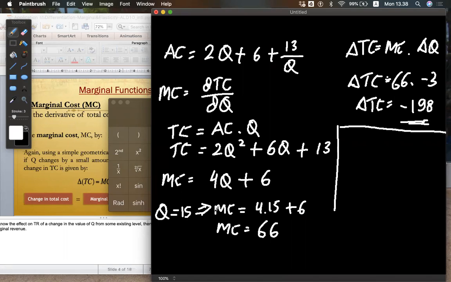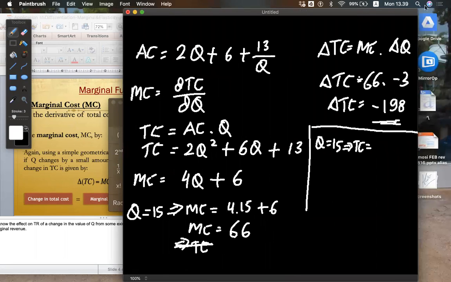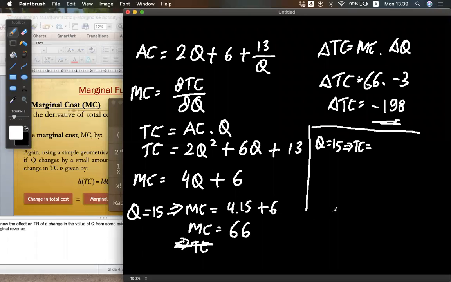The quantity equals 15, then we calculate the total cost. Total cost equals 2 times 15 squared plus 6 times 15 plus 13.